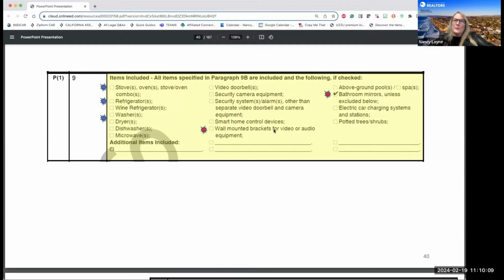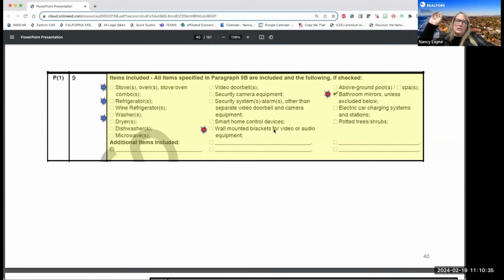The other thing that people miss a lot: if something is in the MLS, it is not automatically included. It has to be written into the contract. I don't care if it says it in the MLS 17 times and it's on every flyer. In order to alleviate problems and misunderstandings, you have to write it into the contract.